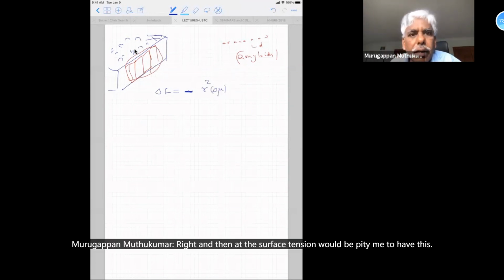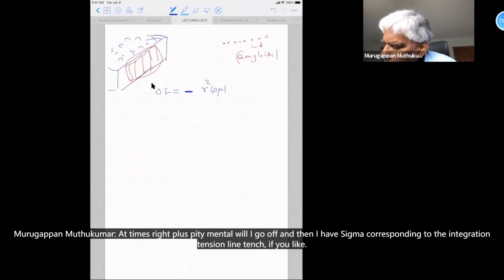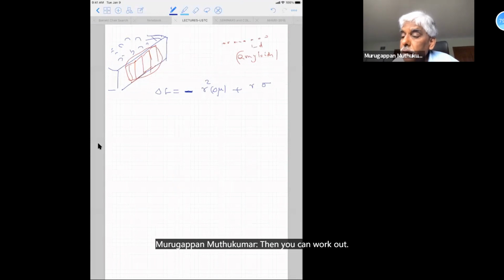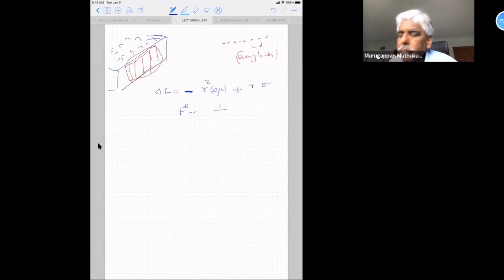And then the surface tension would be the perimeter of this, which goes like R, times sigma, corresponding to the interfacial tension, line tension if you like. Then you can work out the barrier for this. If you work it out, it will be 1 over delta T.